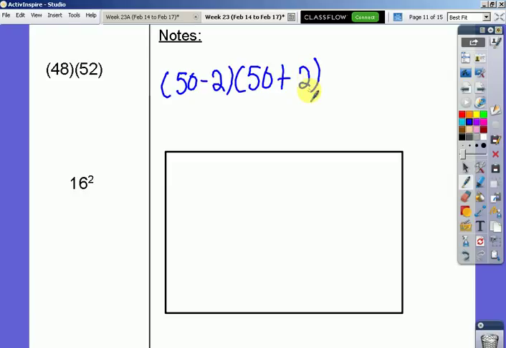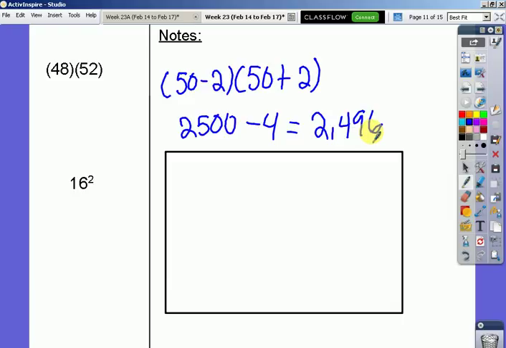So really what you're working with is 2,500 minus 4, which is what? 2,496. Questions on that? I thought that was pretty cool.